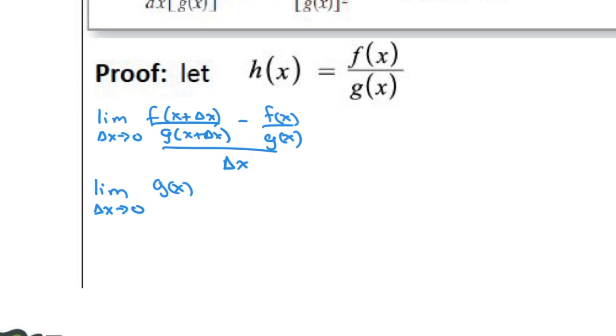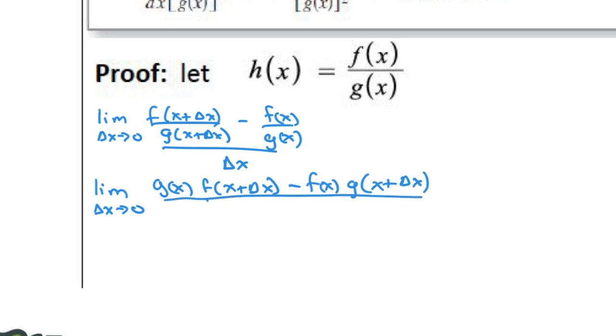So we're going to multiply by g of x. We have f of x plus delta x minus your f of x times g of x plus delta x, divided by that common denominator, g of x plus delta x times g of x times your delta x.